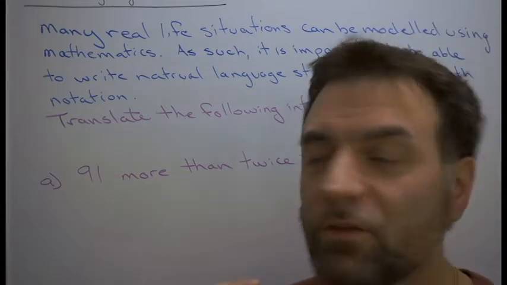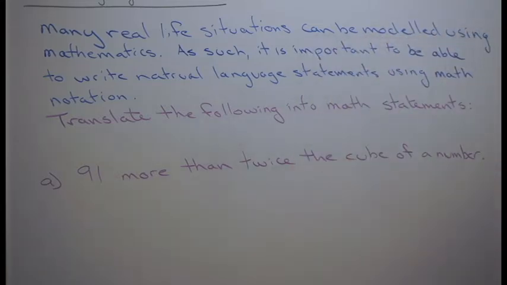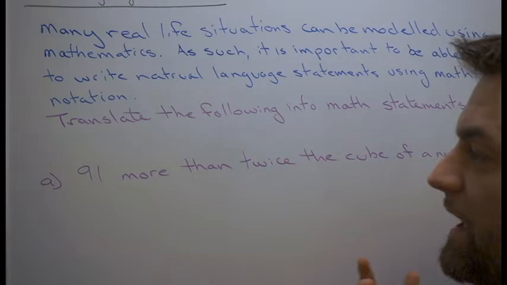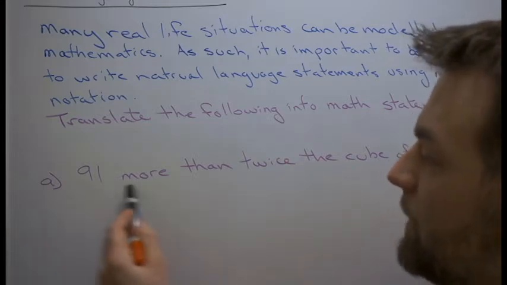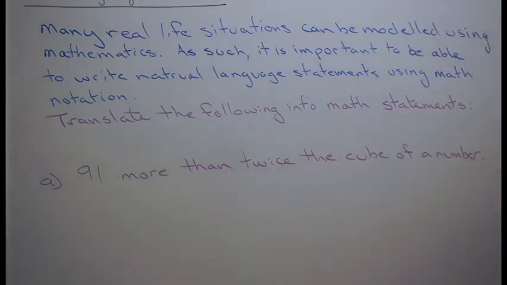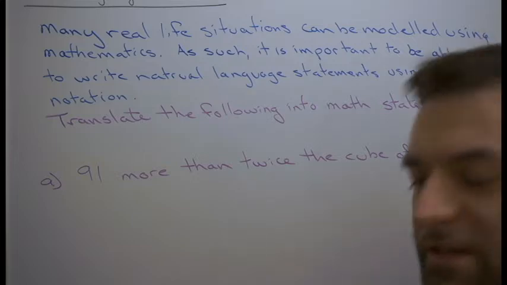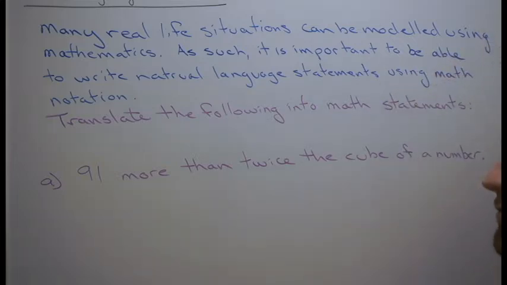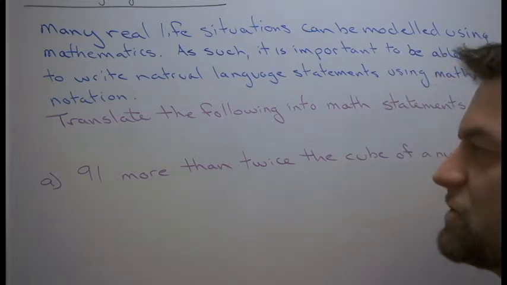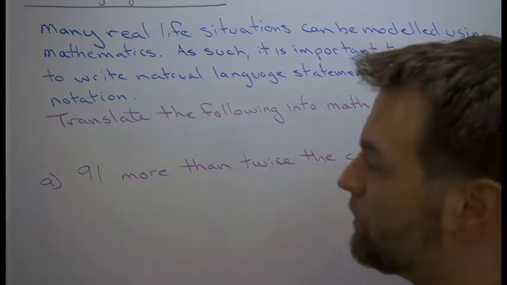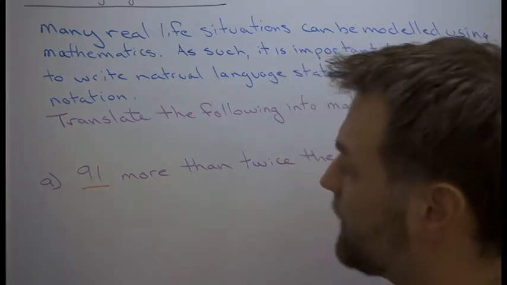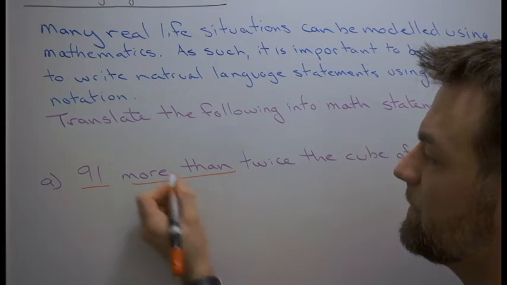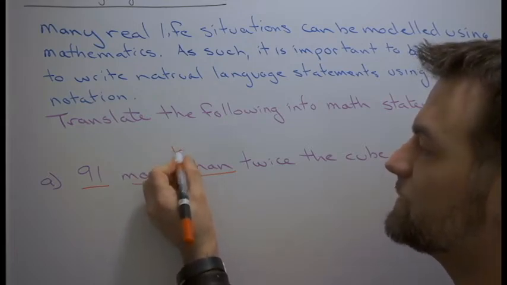Now as we flip back to the situation we have on the board here, we have this question: translate the following math statements. Starting with statement A, we have 91 more than twice the cube of a number. We just want to translate that into a mathematical statement, using mathematical notation. In this case, 91 more than relates to addition.